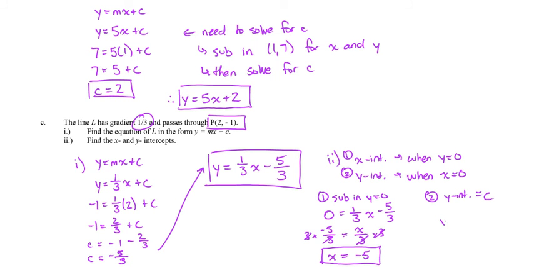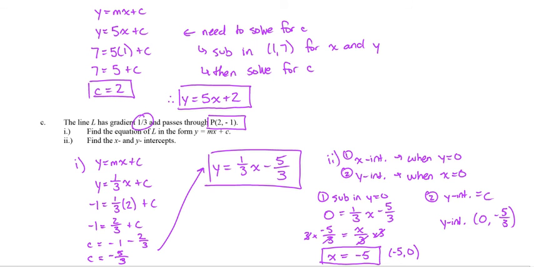So the y-intercept is at (0, -5/3). The x-intercept, you can also write as coordinates: (-5, 0). So that's how you can use the idea of coordinates and how those relate to the equation to solve for the intercepts.